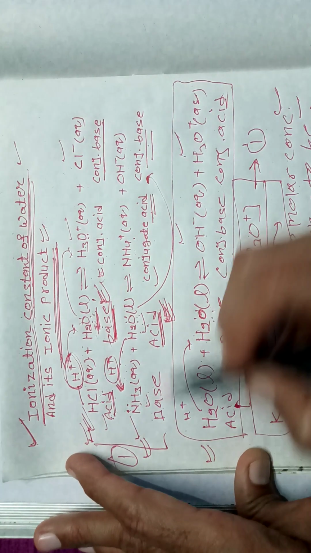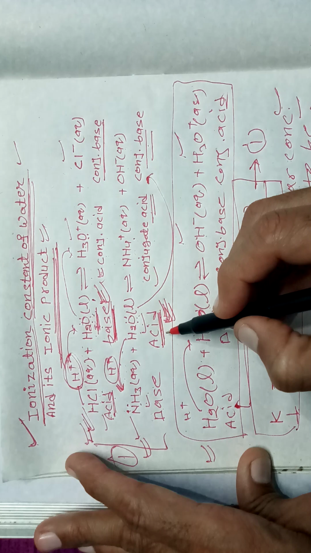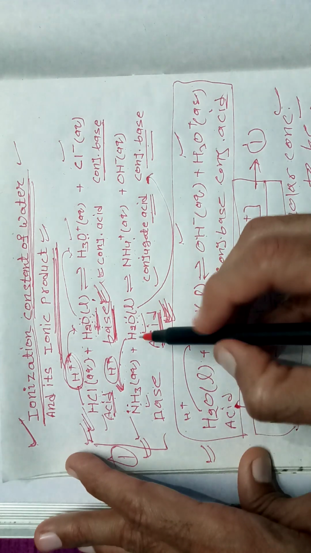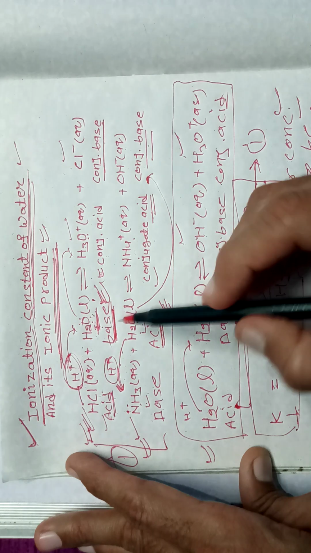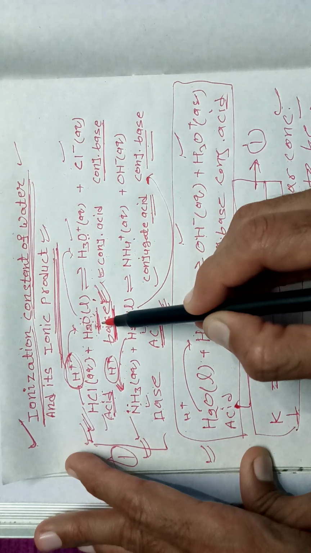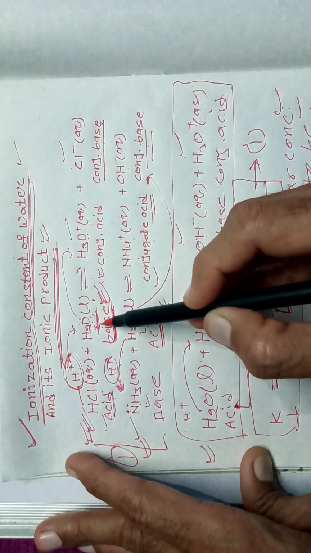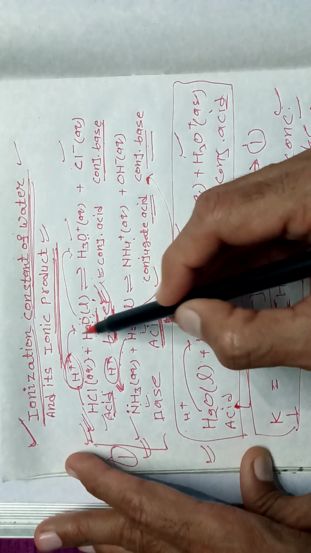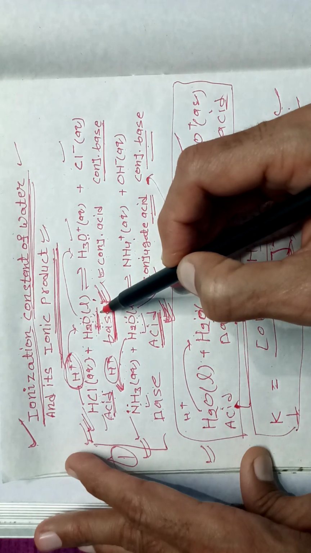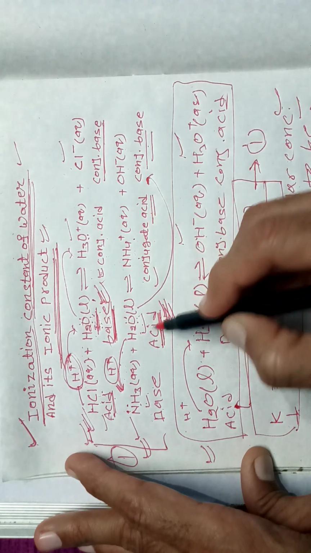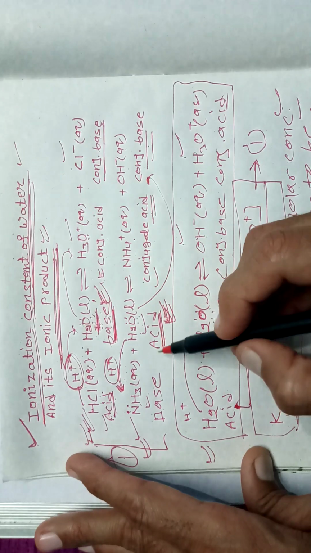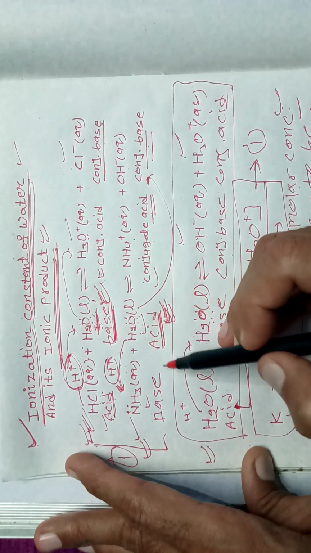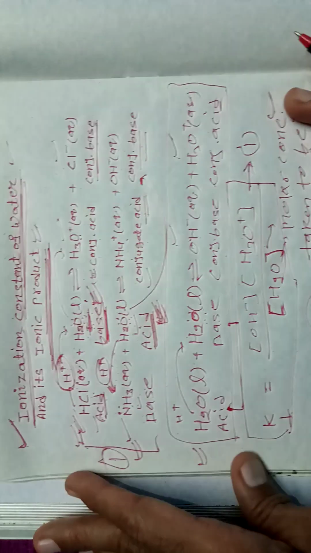So in the second case, H2O behaves as an acid because it donates H plus ion. It means when H2O is in contact with acid, it behaves as a base due to acceptance of H plus, and when H2O comes in contact with a base, it behaves as an acid because it donates H plus.